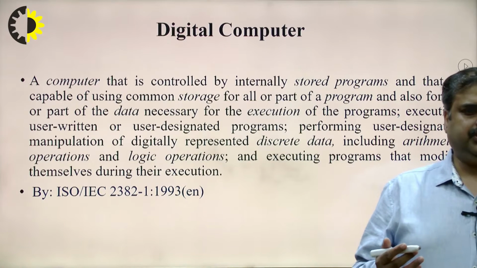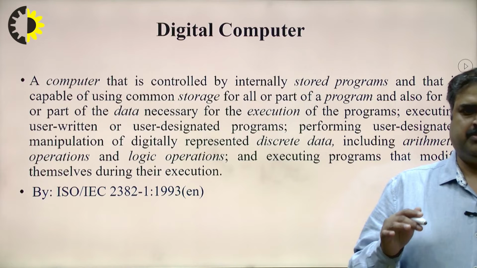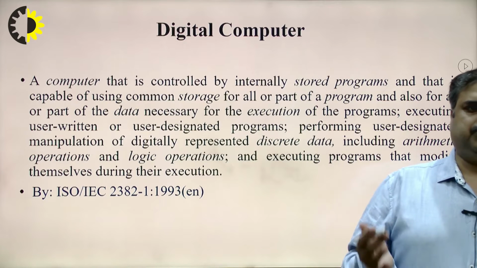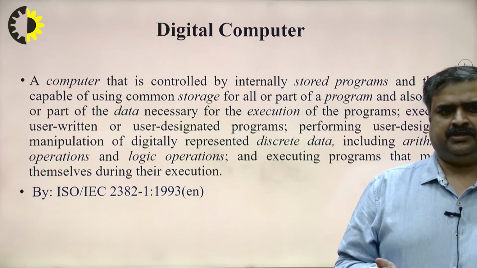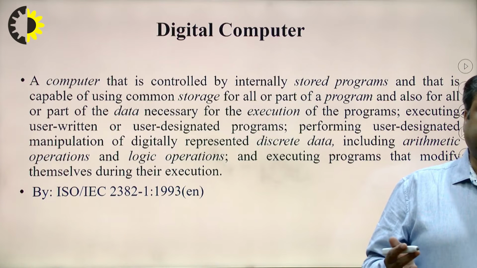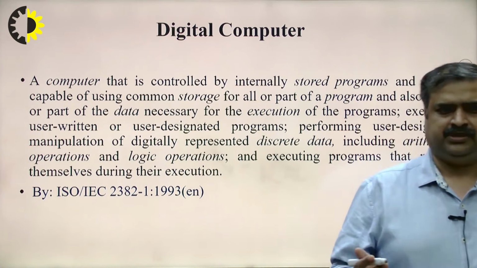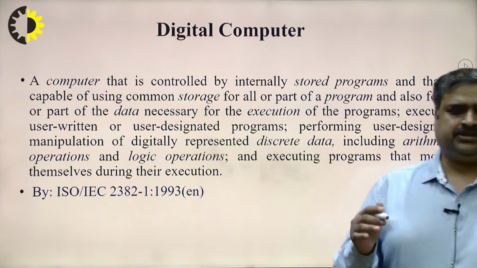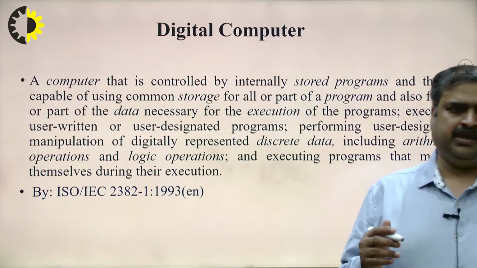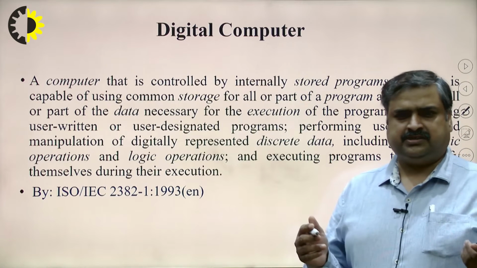It executes user written or user designated programs, performs user designated manipulation of digitally represented discrete data including arithmetic and logic operations, and executes programs that can modify themselves during their execution. This complex definition is standardized by ISO, the International Organization for Standardization.